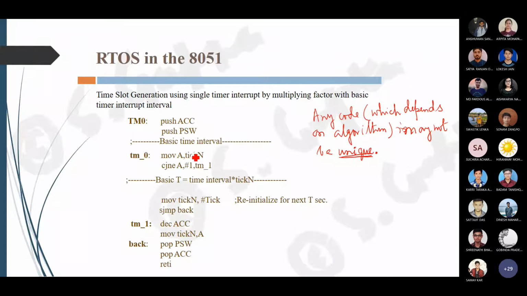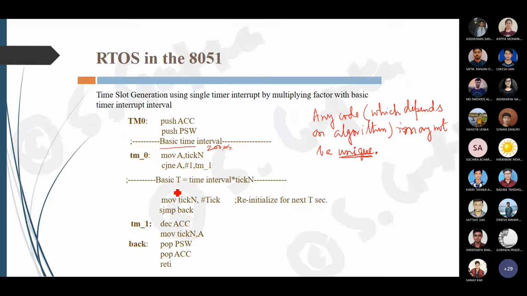So now you have already seen this code. We have moved this, and CJNE compared, otherwise decrement, and then we again stored that and returned from these. If I put any operations here, as we have seen, this will be 200 microseconds.